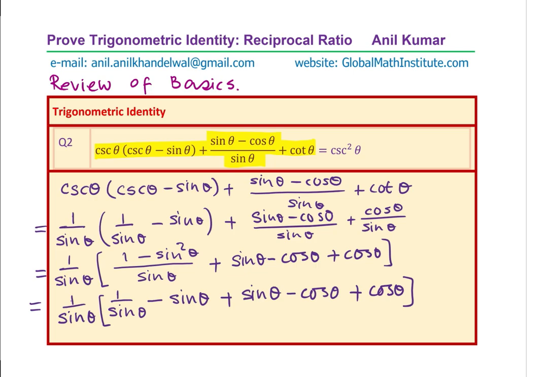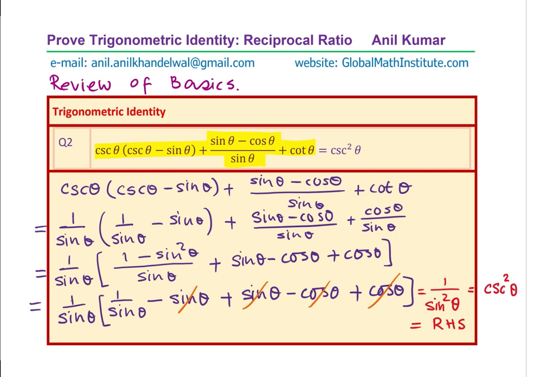Now, as you can see, that is 0, and this is also 0. So basically, we have written 1 over sine theta times 1 over sine theta. So I could write this now as equal to 1 over sine square theta. And 1 over sine square theta is cosecant square theta. And that is how we can say it is equal to the right hand side.